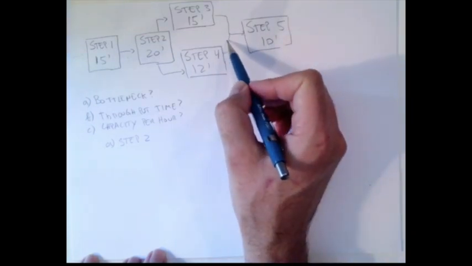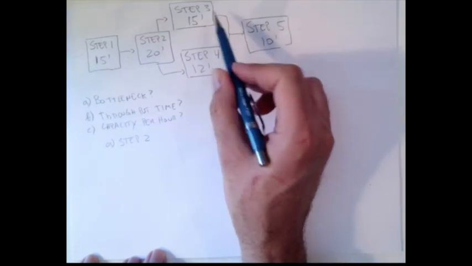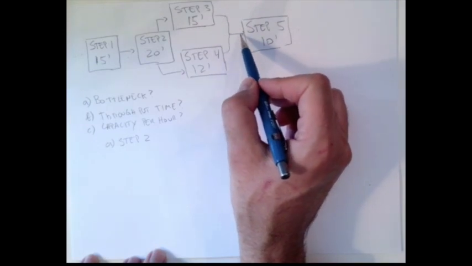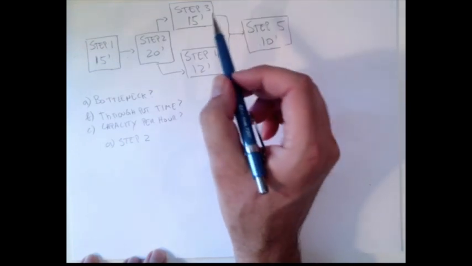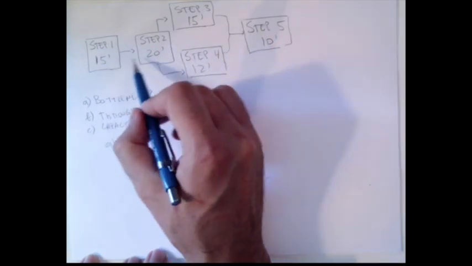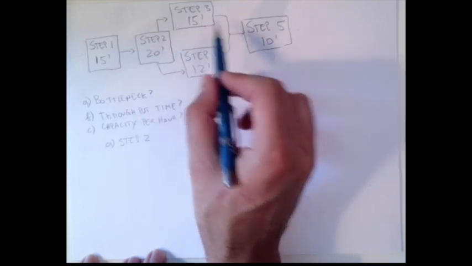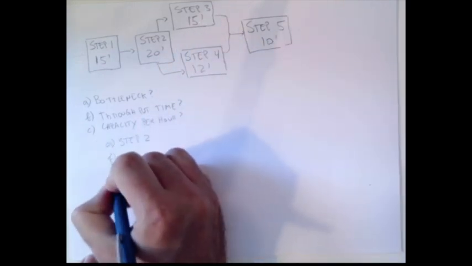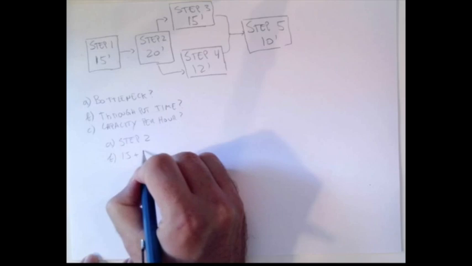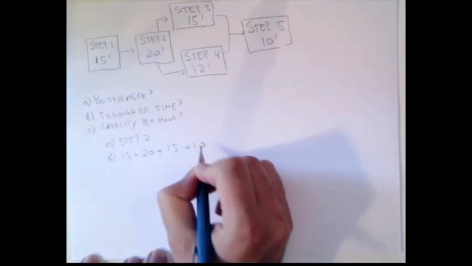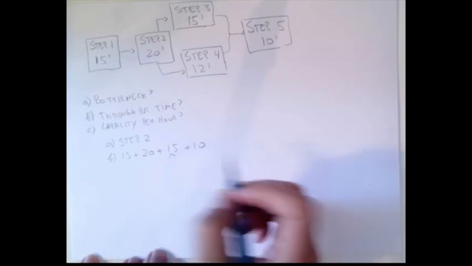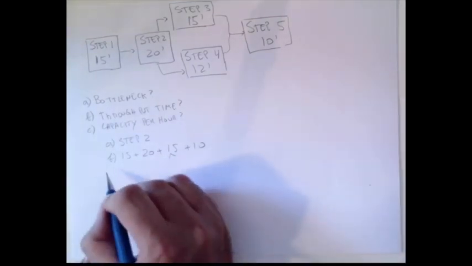So the process will be waiting here 3 minutes until step 3 comes, and then together they will cross the bridge here to step number 5. Yes, very romantic, I know. So it's going to be 15 plus 20 plus 15 plus 10, and that 15 is because it's the max value between those two.